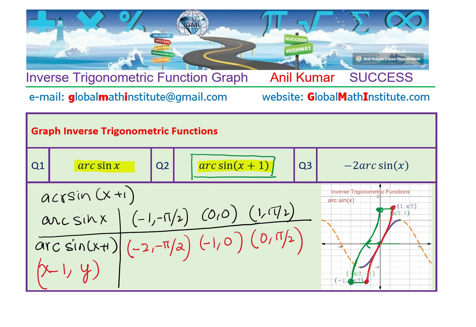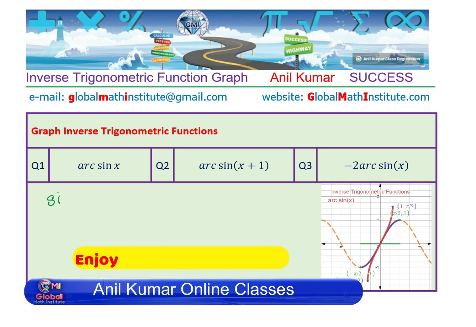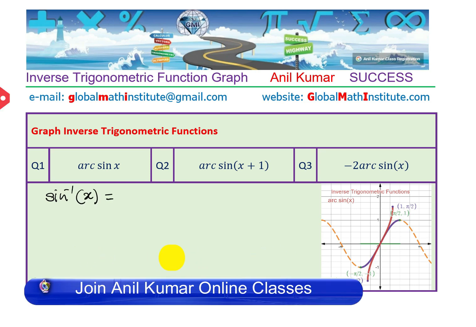Now let's look into the third graph, which is minus 2 arc sine x. So once again, we'll write down the points for sine inverse x. Arc sine and sine inverse x are one and the same thing.